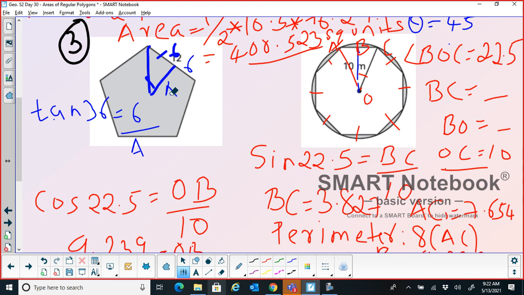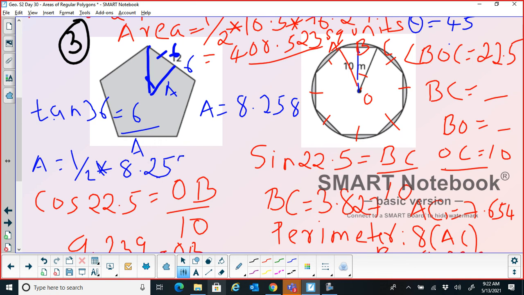6 divided by tan 36 gives us 8.258. So I get apothem is 8.258, and further I can find area equals half of apothem, which is 8.258, times perimeter.